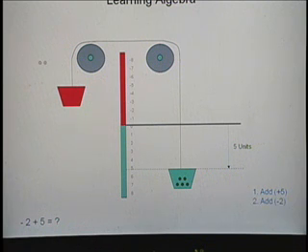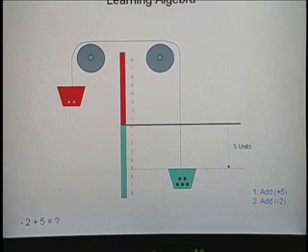All right, the next step is to add minus 2, which means we have got 2 pebbles on the left-hand side. If you see, we have 2 yellow pebbles on the left-hand side, and we will be putting those 2 pebbles in the red bucket. Here we go, we put the 2 pebbles in the red bucket.